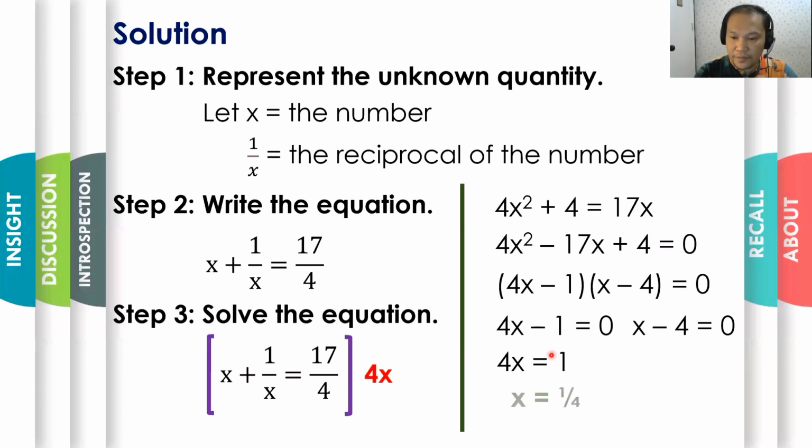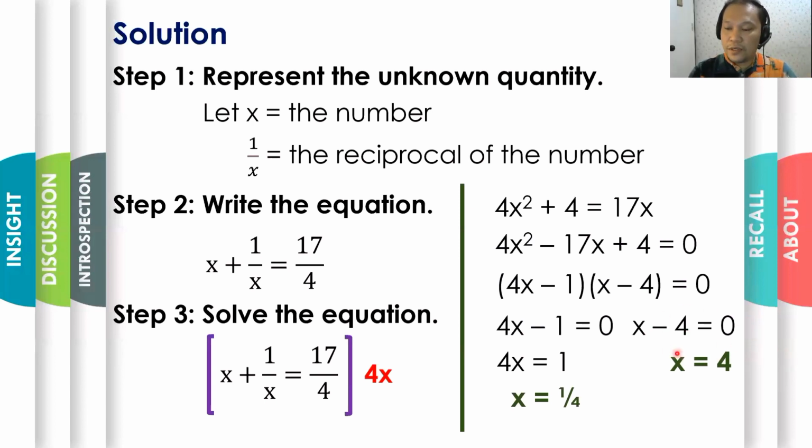Then divide both sides by 4 since our numerical coefficient is 4. Thus, our x now is equal to 1/4. Next, transpose negative 4 to the right side.